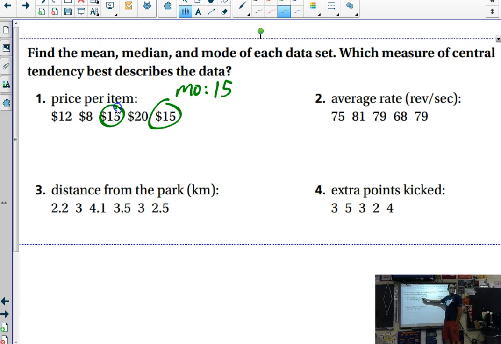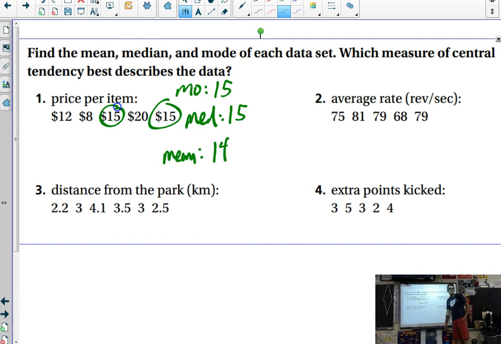So my median would also be 15. So far my mode and my median are the same. To find my average, I'd add them all up. So 30, 50, 60, 70 divided by 5. Straight up 14.